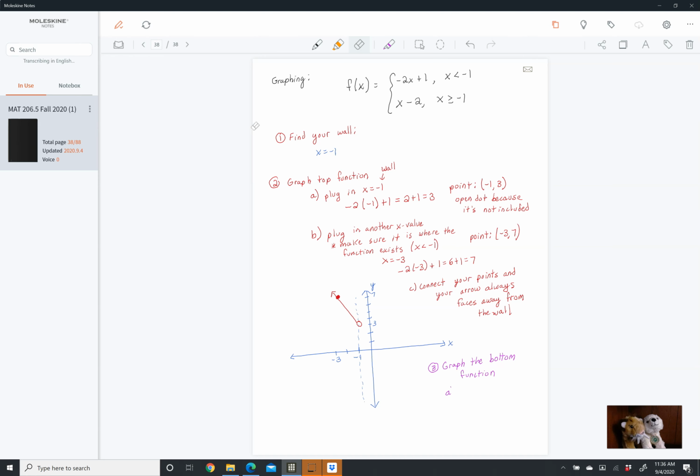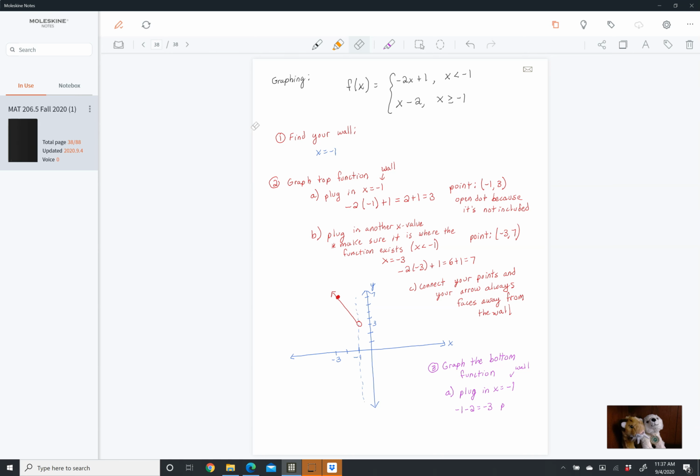And you start the same way. You're plugging in x equals negative 1, right? This is the wall. So you always plug in where your wall is. So we plug in negative 1, we get negative 1 minus 2, which is negative 3.